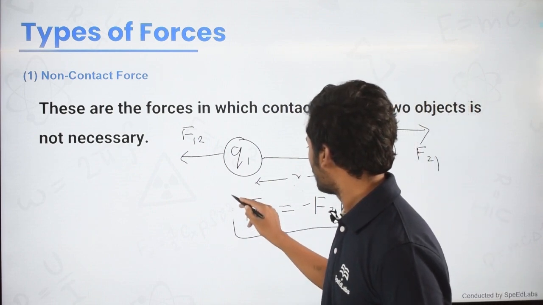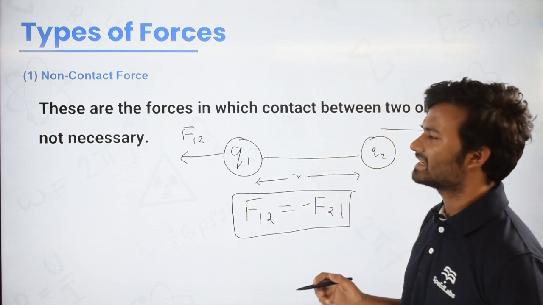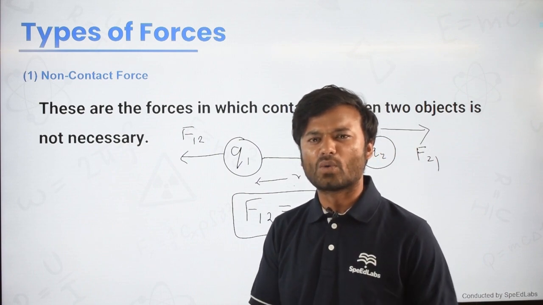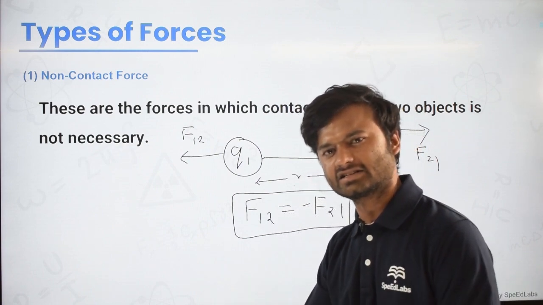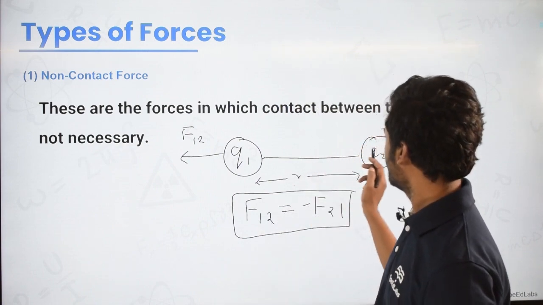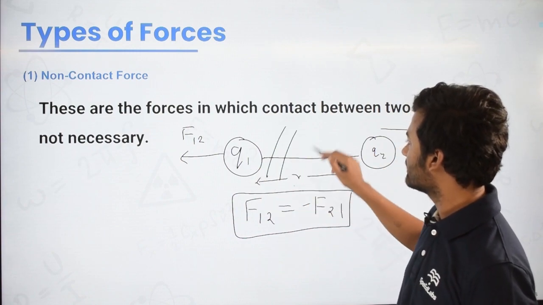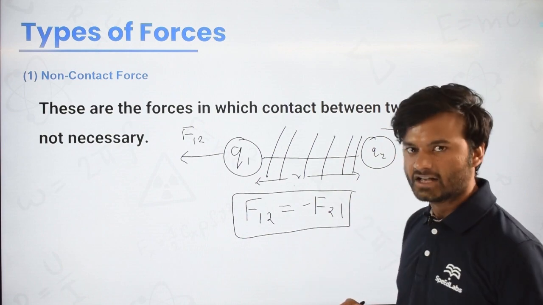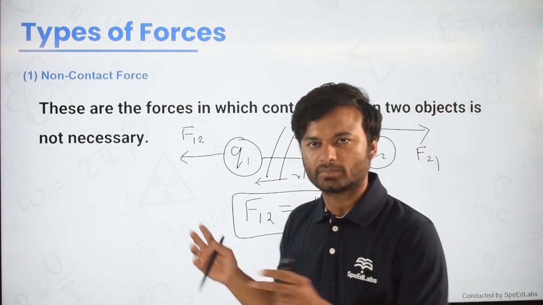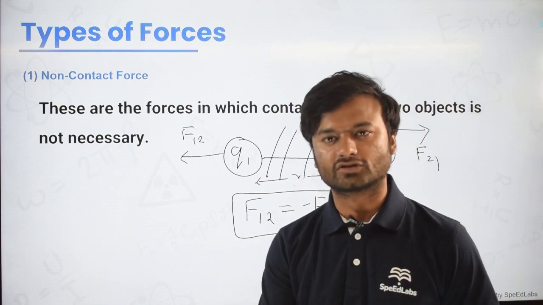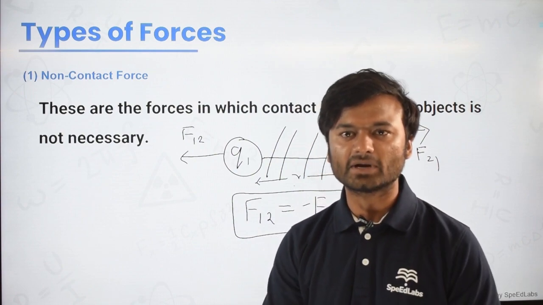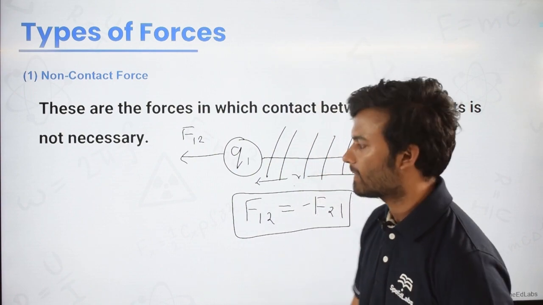So what are non-contact forces? Non-contact forces do not require any contact and they exert force at a distance. Here Q2 is applying force on Q1, but there is no contact between them. This type of force is an electrostatic force, which is exerted between two charges.